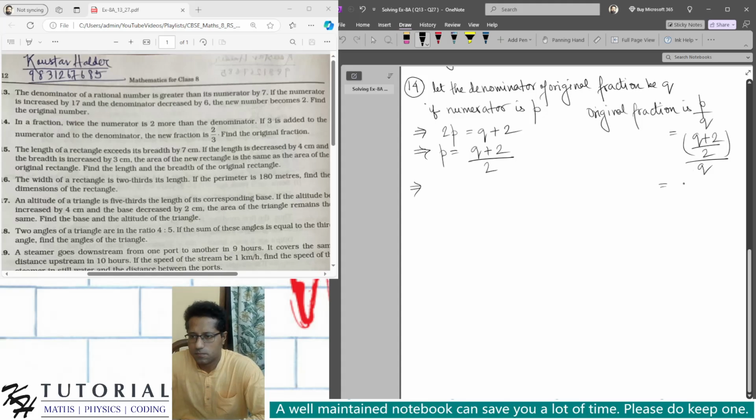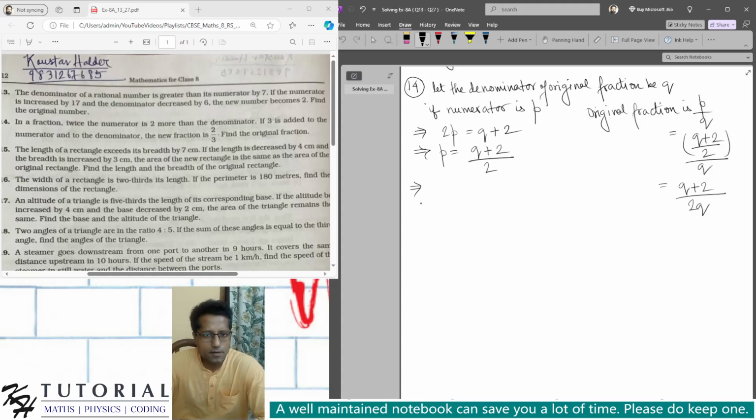This is equal to q plus 2 divided by twice q. This is the original fraction. Once we have found q, we can say that the original fraction will be q plus 2 divided by twice q.